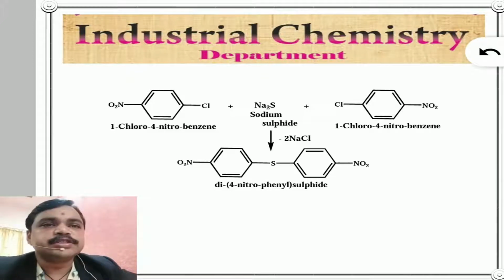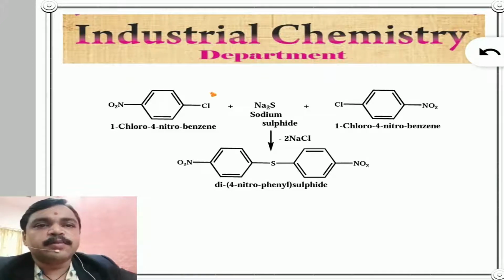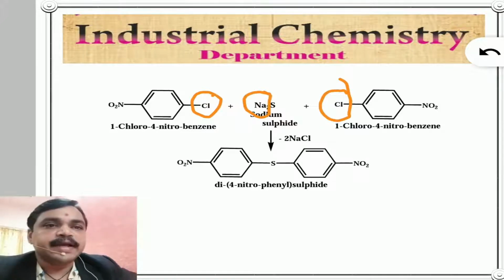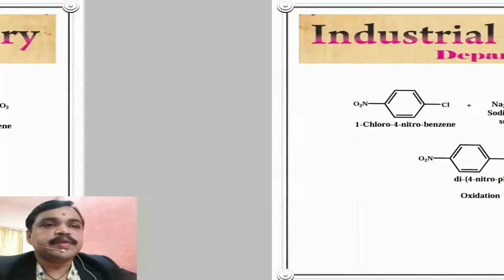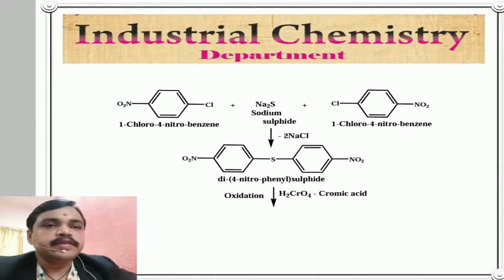In this reaction, chlorine from here and the second chlorine from here and 2 atoms of sodium from sodium sulfide are removed and we get di-4-nitrophenyl sulfide. After this it is treated with chromic acid.